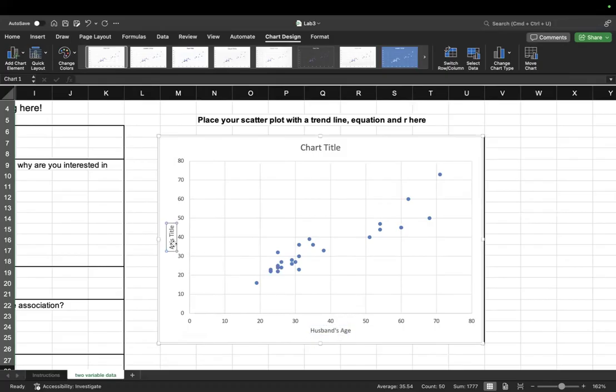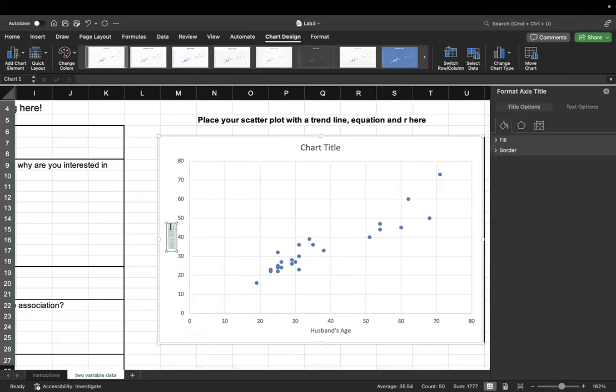And the one on the right was the wife's age. This is my Y value. And my chart title here is ages of spouses, I guess.